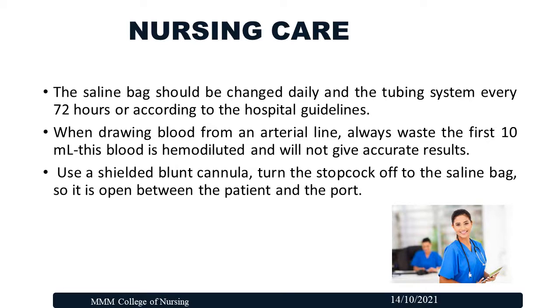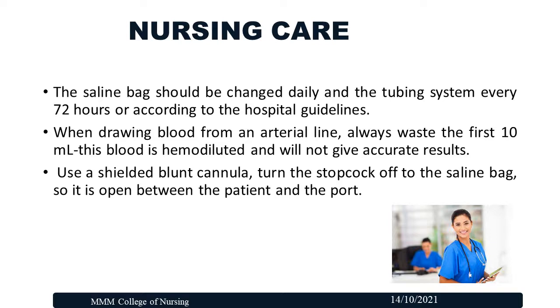Other nursing care: the saline bag should be changed daily and the tubing must be changed every 72 hours or according to hospital guidelines. When drawing blood from an arterial line, always waste the first 10 ml. This blood is hemodiluted and will not give accurate results. Use a sealed blunt cannula.